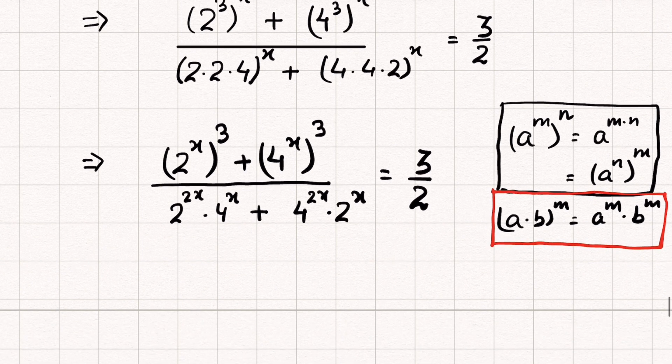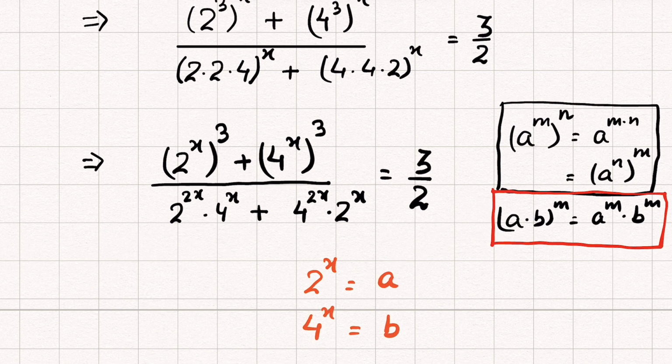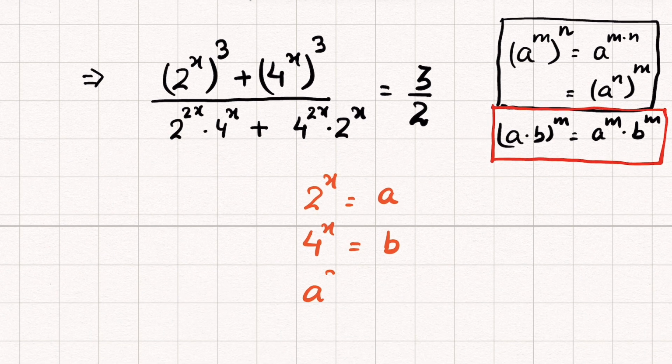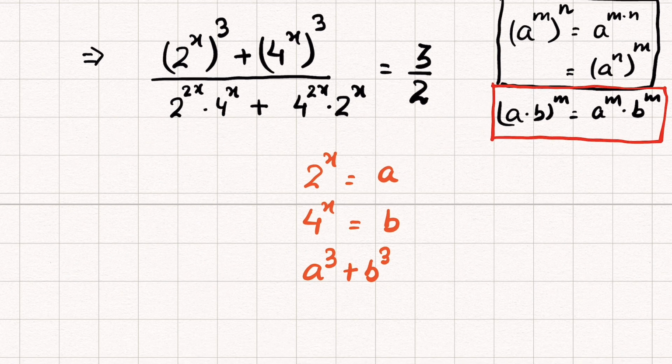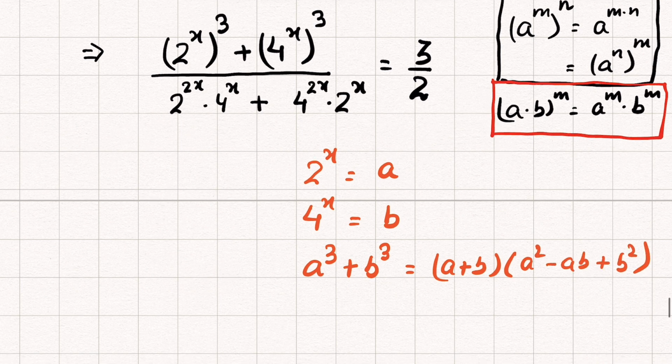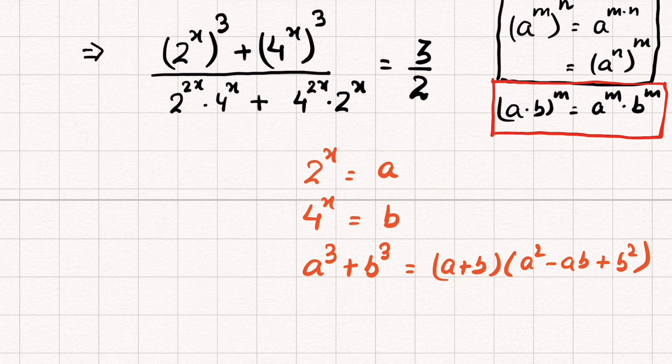Now, if we consider 2 raised to the power x as a and 4 raised to the power x as b, then this is in the form of a cube plus b cube, and this is an algebraic expression. We can expand it as a plus b parenthesis a square minus ab plus b square. So let's write it in the form of this formula.